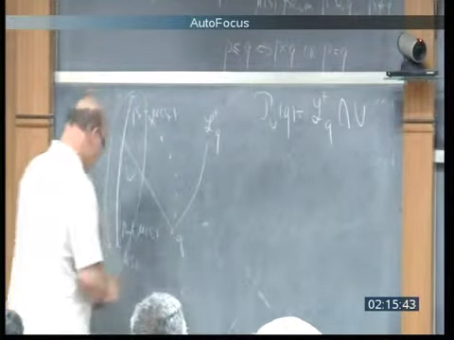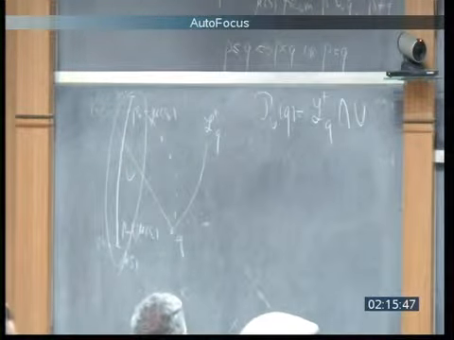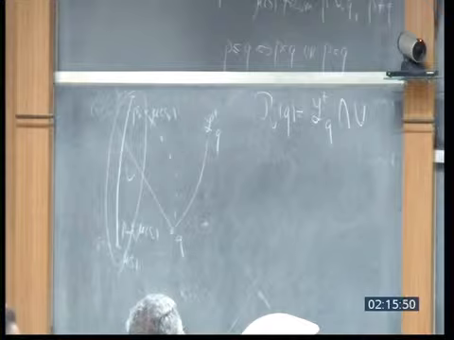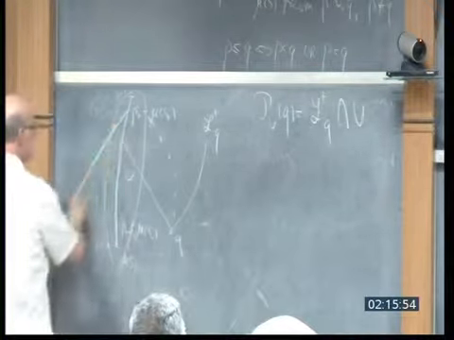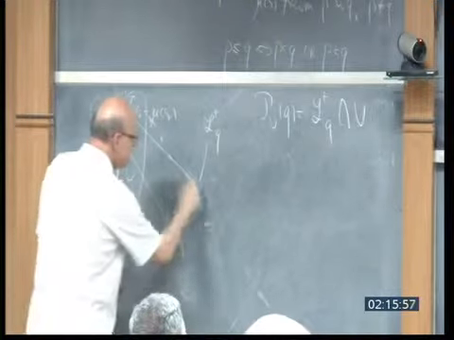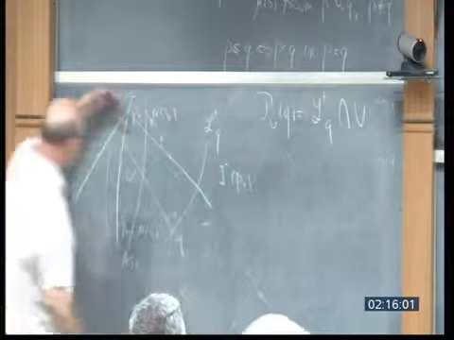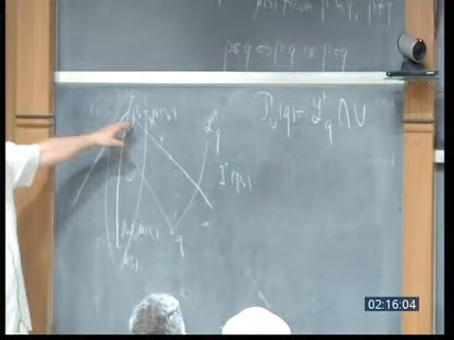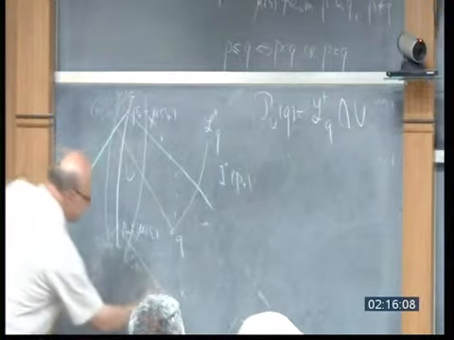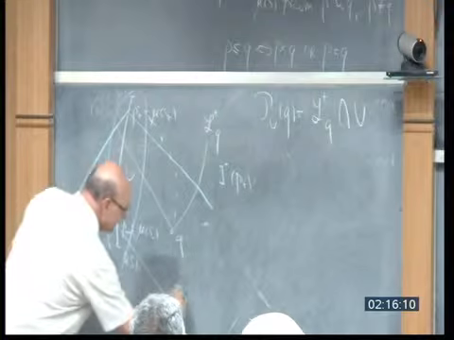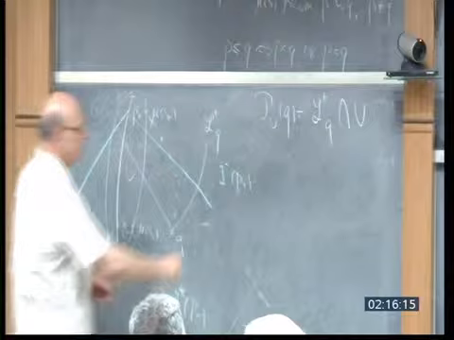Now we do the following trick. We look for I minus of P plus, the past-looking light cone from P plus, and we look for J minus of P minus, and we look for this set.